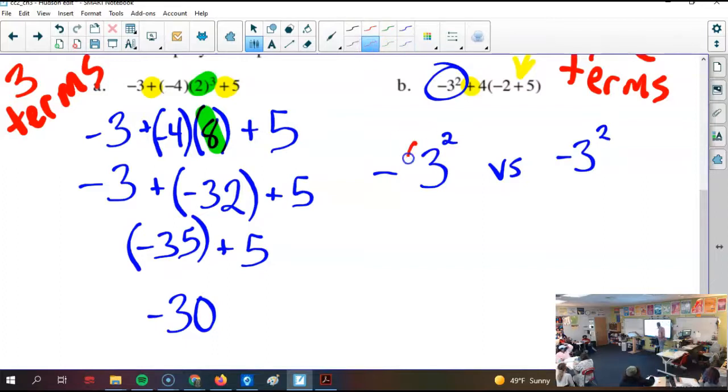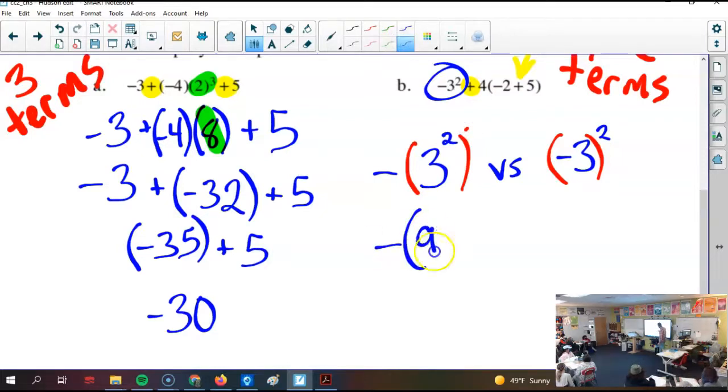So look up here. Keep watching. If I solve this like that, it's different than if I solve it like this. Watch. Just put your pencils down. This says the opposite of 3 squared, and 3 squared is, what's 3 times 3? 9. What's the opposite of 9? Well, -9. But if I come over here and say, what is (-3) squared? Well, that's like times itself, right?